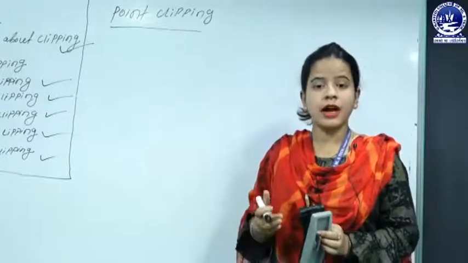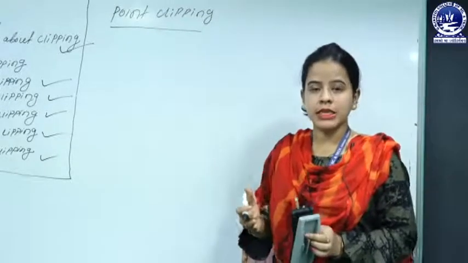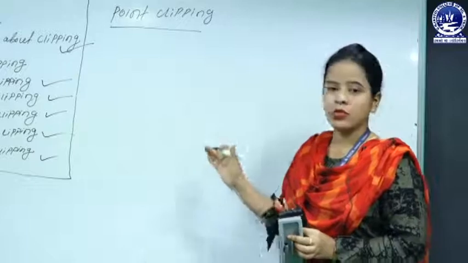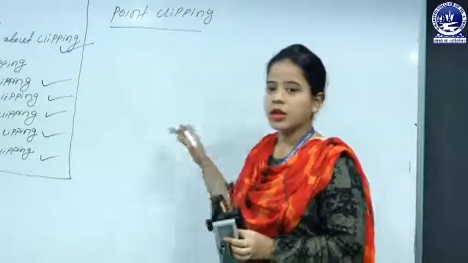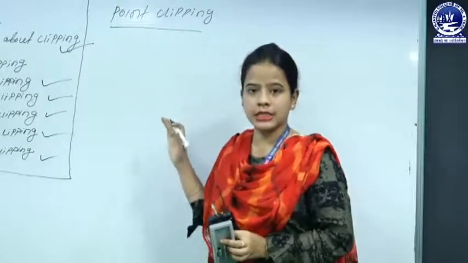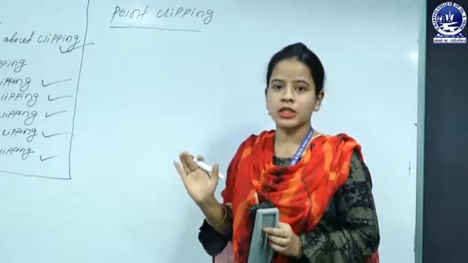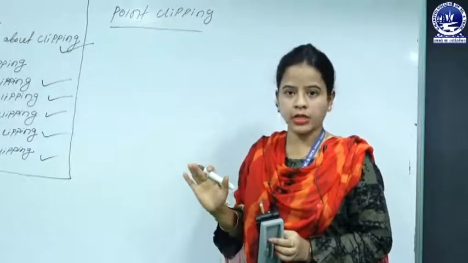Now to check how pixel points are tested to see whether they are present inside the clipping window or not: as we know, in the world coordinate system, the window consists of 4 coordinate values.